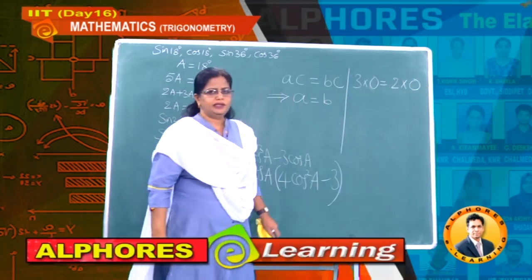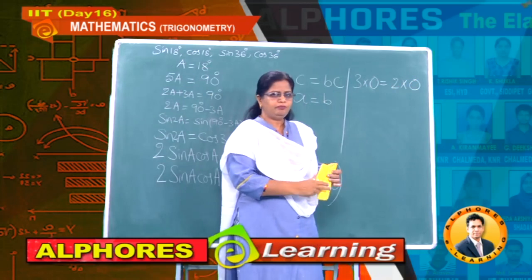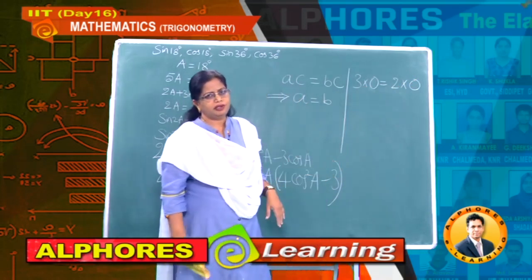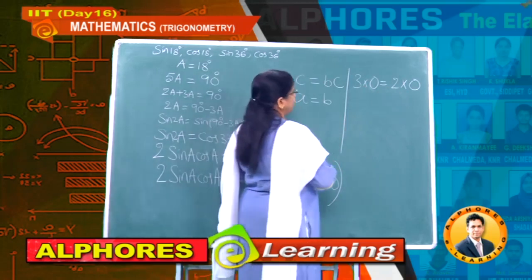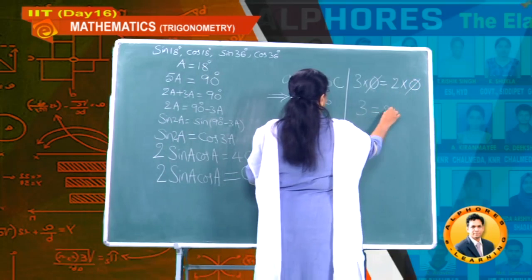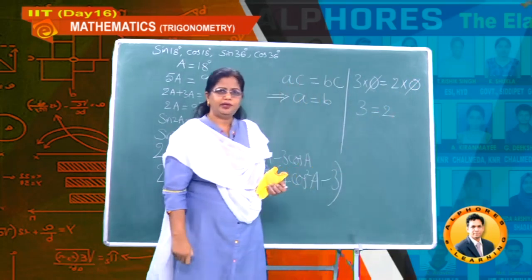Is there any wrong in the equation? 0 equals 0, no problem at all. But if I cancel the 0, what happens? 3 equals 2. Is it right or wrong?